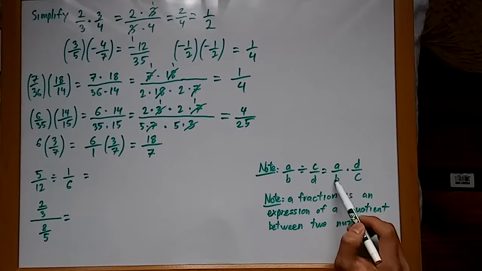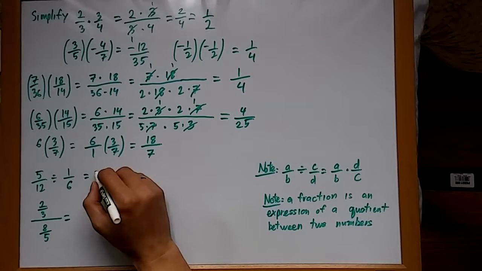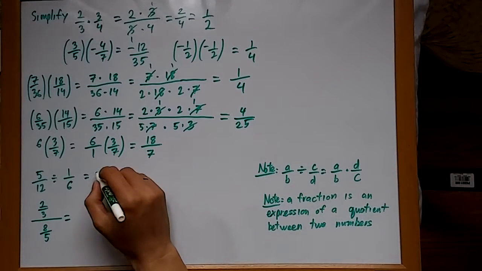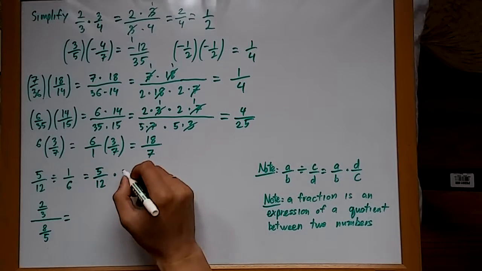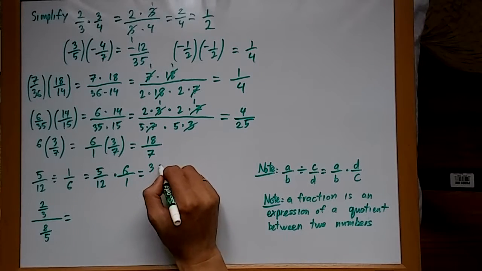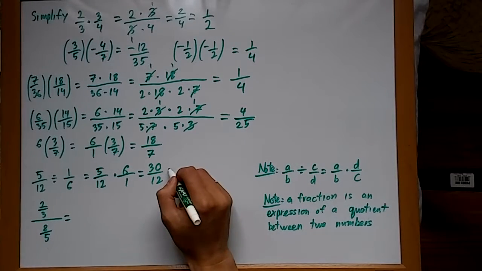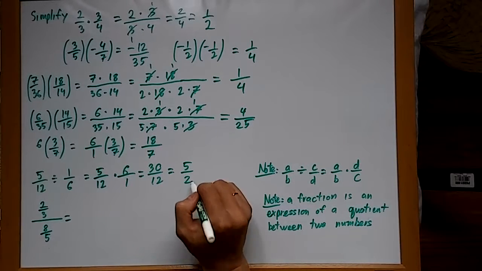So it becomes a over b times d over c. So by using this fact, we simply turn this into a multiplication and flip the fraction. And now we have 30 over 12, and we just reduce it to 5 over 2.